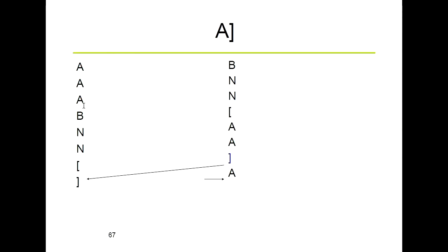Why is that? First of all, why is this A the third A? Because the letter after this A, which is a cap, is a loser. The letter after the first A is a winner.